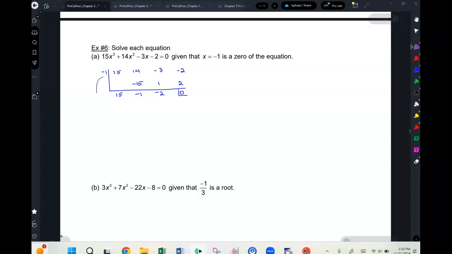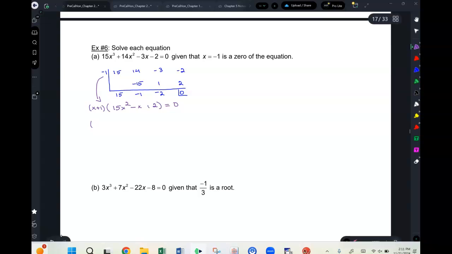Okay, now let's factor this. Let's write this down. -1 was a 0. That means x plus 1 is a factor. And then here I get the other polynomial, 15x squared minus x plus 2 equal to 0. Wait, isn't it -2? Sure.